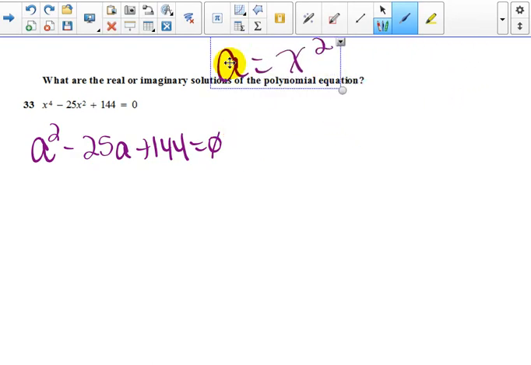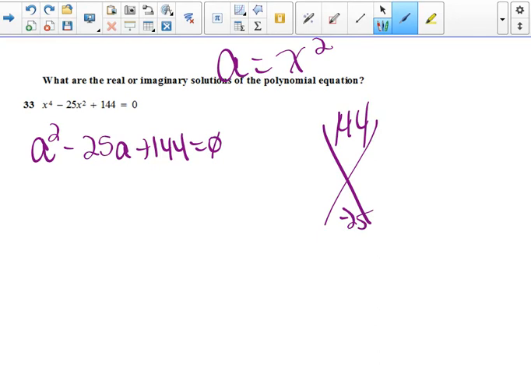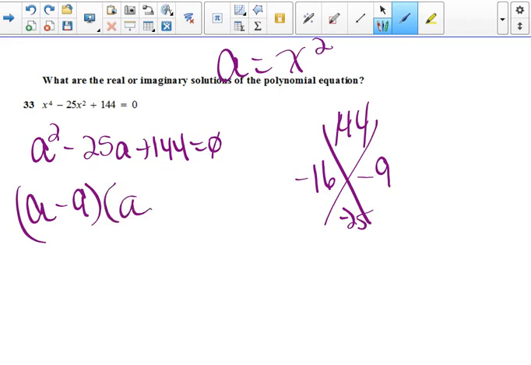All right, so now we're good to go. So now when we factor this, we have to say, well, what two factors of 144 add up to be -25? And when we do that, we're going to find it's -9 and -16. So we can rewrite this as a minus 9 times a minus 16.